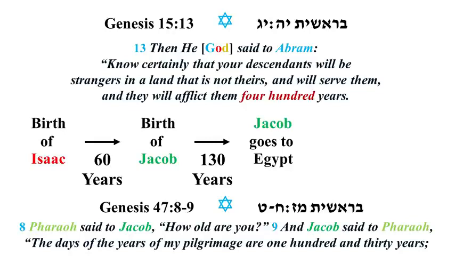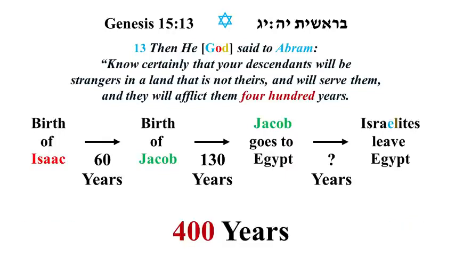Okay, so now we got 190 years, and we've got to get 400 years of being strangers in a land that is not theirs. And so if you subtract 400 minus the 190, you get 210 years down in Egypt. All right?